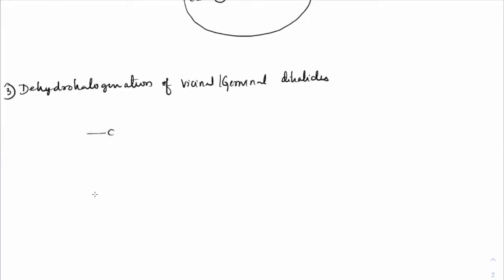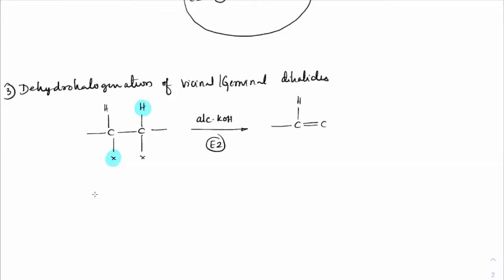In case we have C, X and X, this has one H, this has one H. So this is a vicinal dihalide. If you treat this with alcoholic KOH by the E2 mechanism, we can expect one halide and one H will come out. So we would get the product as a double bond C, and X, which is present this way. An alkene is formed here.